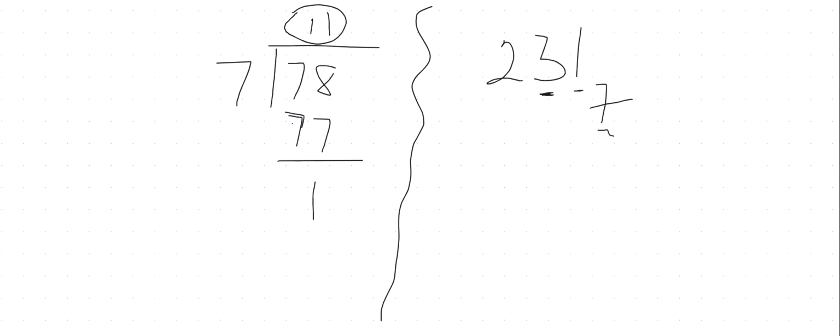And the 2, what is the 2? If we have 2, 3, 1 base 7, the 1 is singles, the 3 is bundles of 7. The 2 would be what?